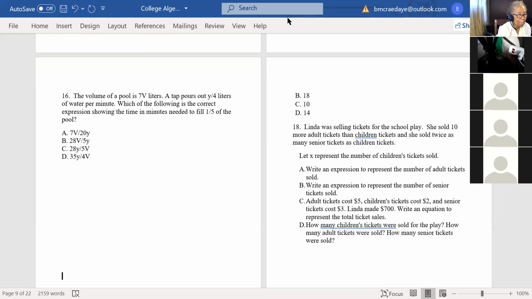I think that's what he did. 7 over... And you're looking for the time in minutes. 4 times 1/5. So how would you set it up as a ratio? 7 over what?